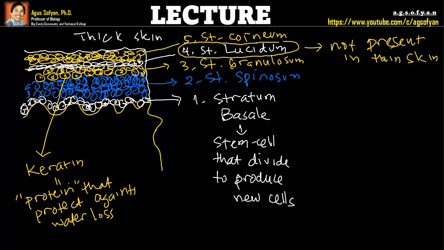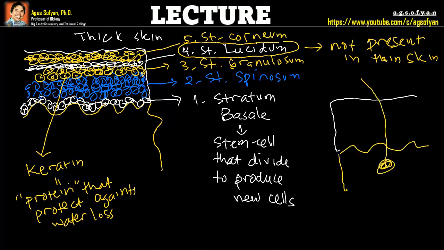Okay, and also remember, if it is thin skin, then there will be hair. Okay, so let's say this is a thin skin. Then there will be hair, yeah, and oil gland, yeah, in the dermis of the thin skin.